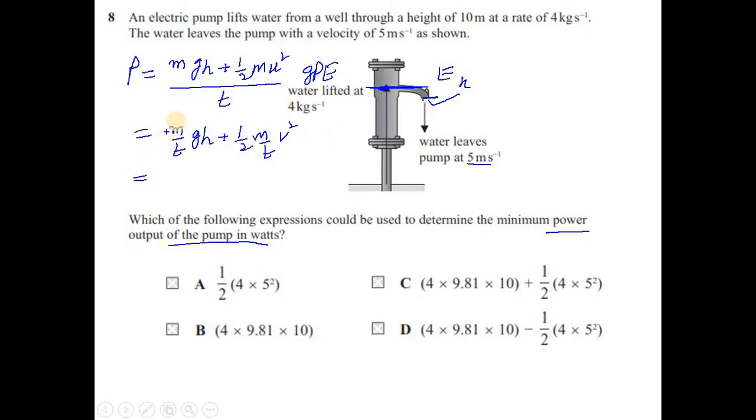So m by t is the mass per unit time, which is 4, and h is the height. So you can write this as 4 and 9.81 or 9.8, h is the height, 10, so into 10, plus half of m by t again into 4 into v squared, that means 5 squared. So this is the power of the pump, and if you compare, the option is C.